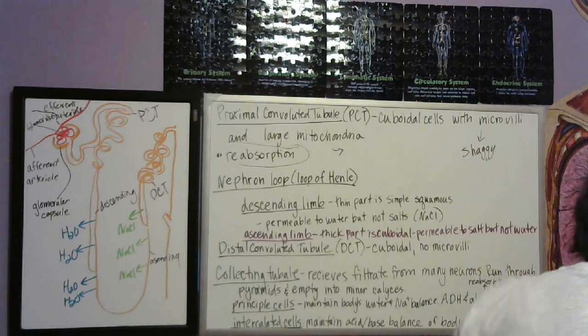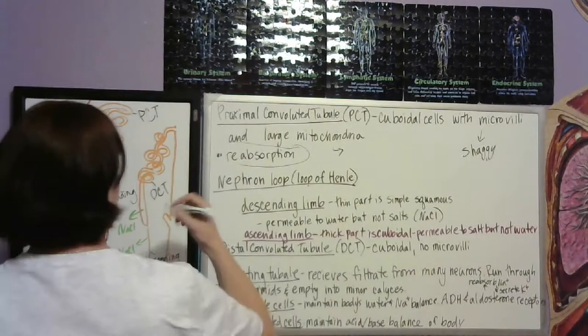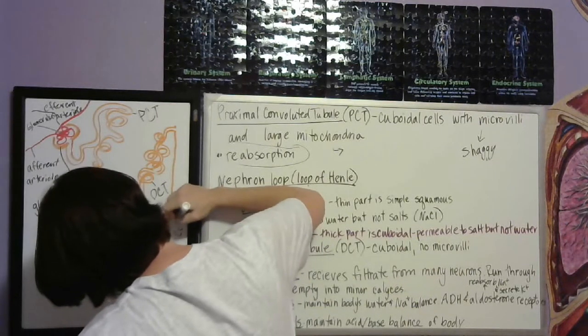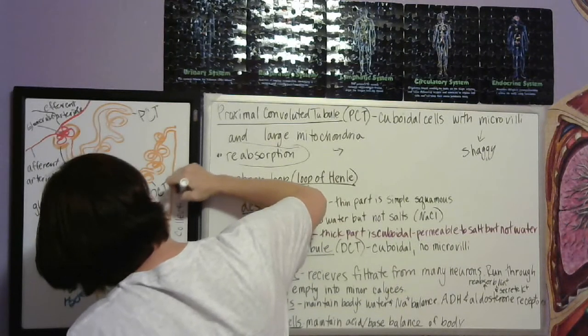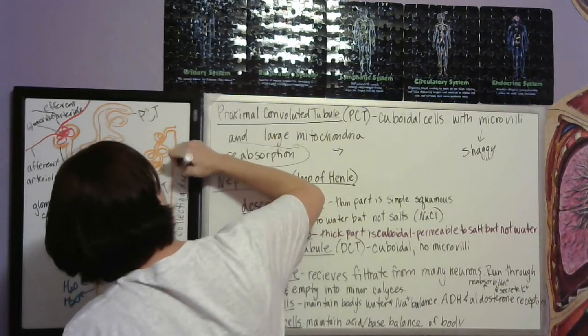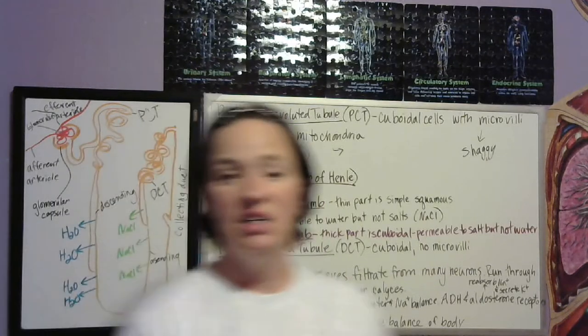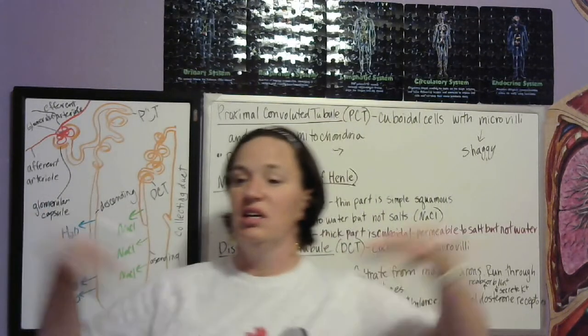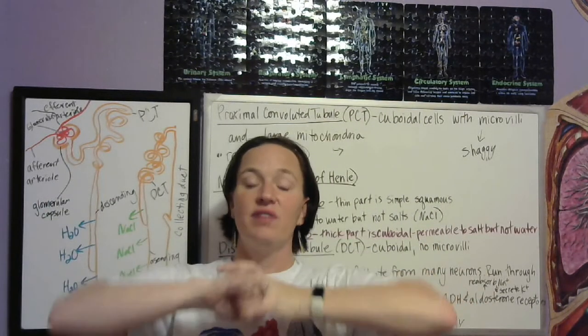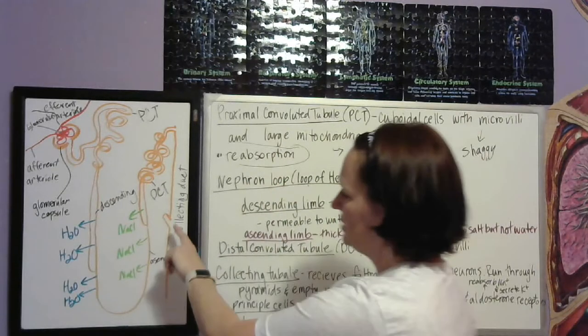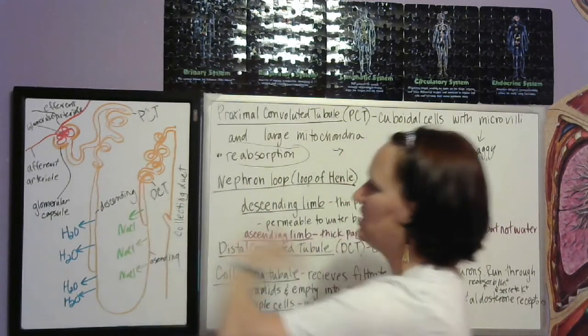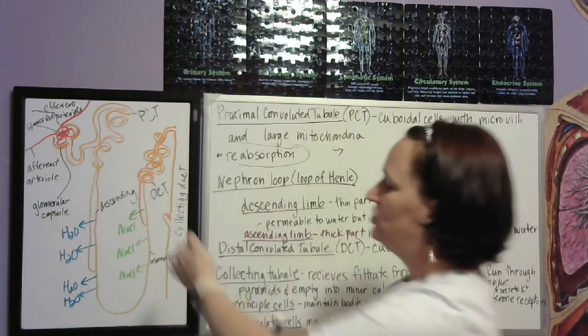Then at the end we have our collecting duct. Why is it called a collecting duct? Because the nephrons are going to dump into one collecting duct. That's what this little cutoff part is, another distal convoluted tubule attaching to it.